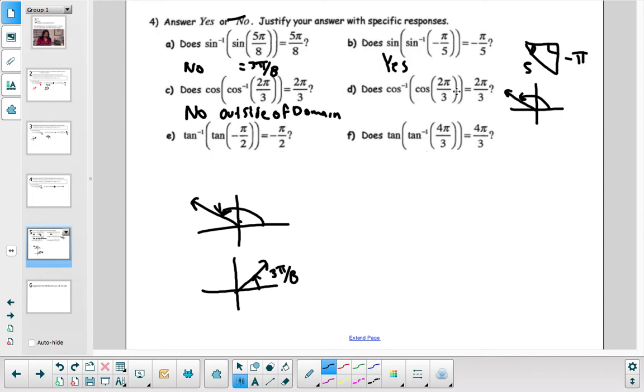If I plug in negative root 3 over 2 into inverse cosine, it's going to come out to the same place. Because inverse cosine has a range of 0 to pi, it's within the range, and so this is just yes.